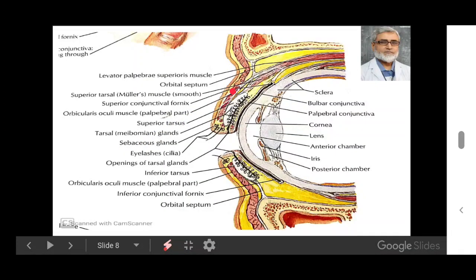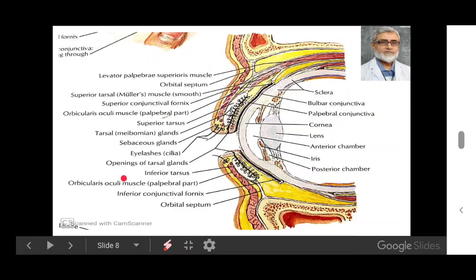Again I will show you. Just see, that is the palpebral part over the lid. And tarsal meibomian glands, you can see here, arranged here. All are situated in different layers of your eyelid.